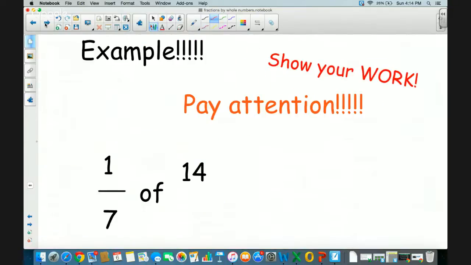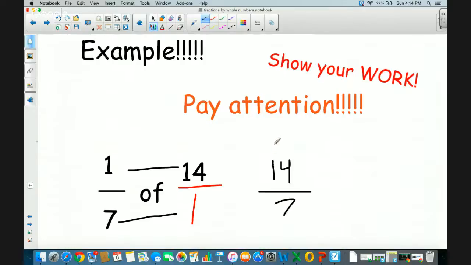Okay, so example. We're going to show our work. This one says 1/7 of, meaning to multiply, 1/7 of 14. Now we said all whole numbers, including 14, will have an imaginary 1 underneath it. Now I can multiply. 1 times 14 is 14. And 7 times 1 is 7.